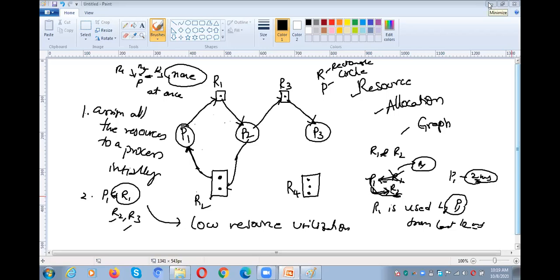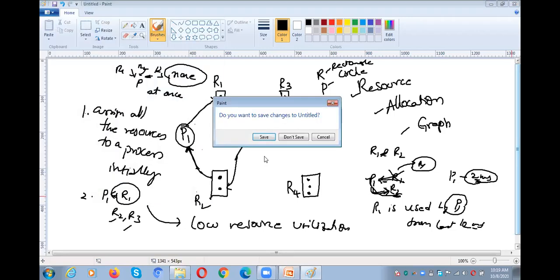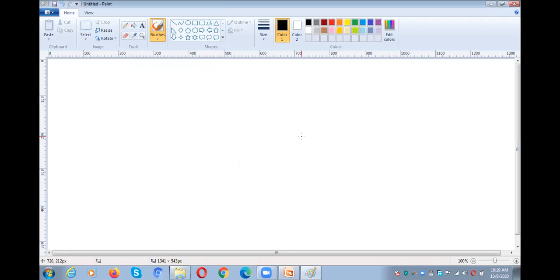What is circular wait? P1 is waiting for the resource which is allocated to P2, and P2 is waiting for the resource which is allocated to P3, and again Pn is waiting for the resource which is allocated to P1.